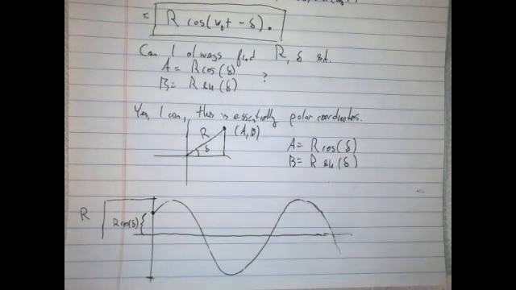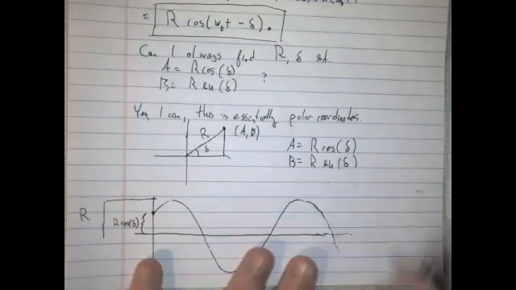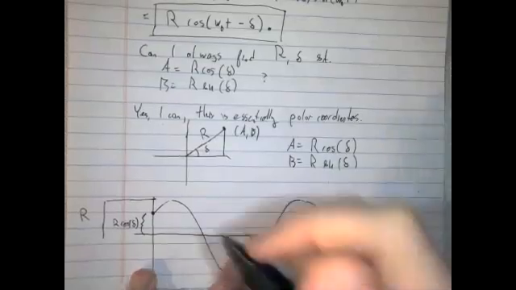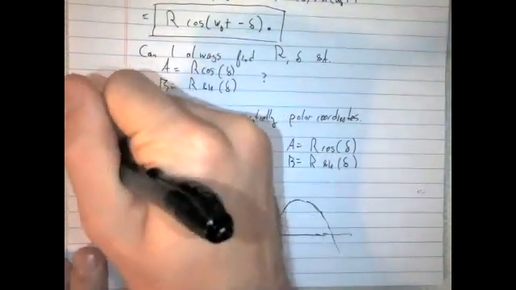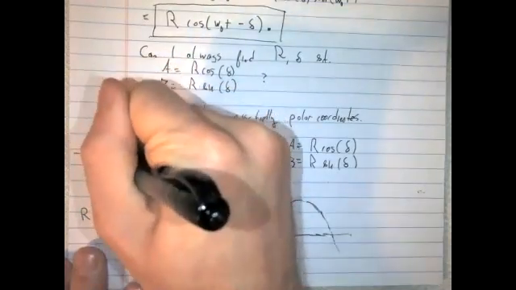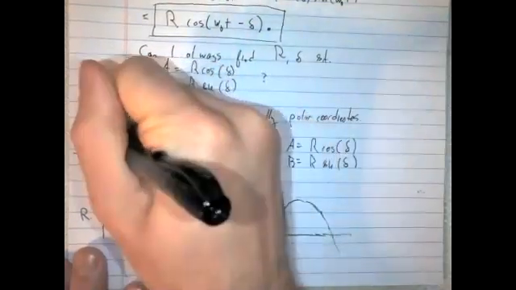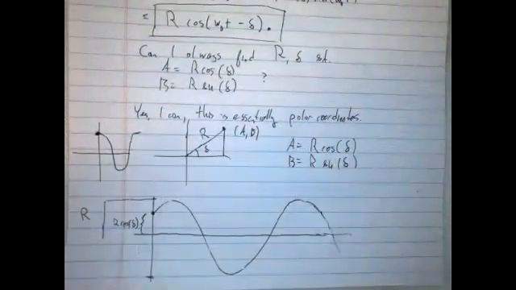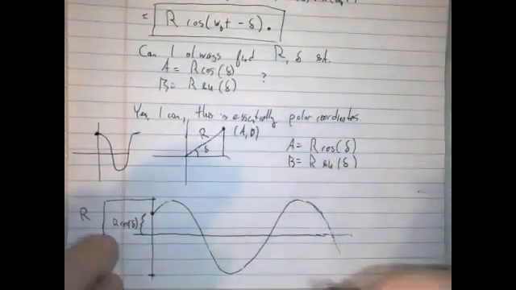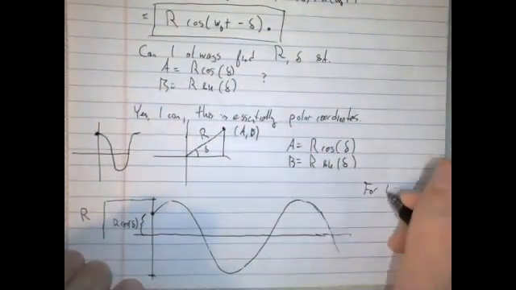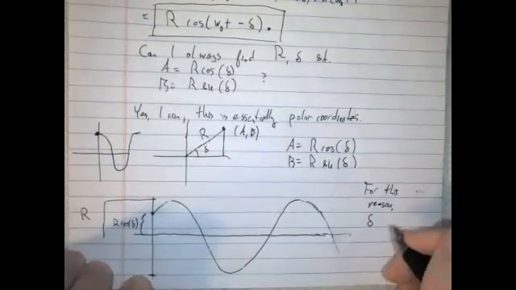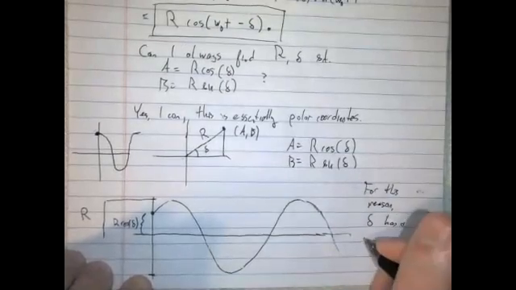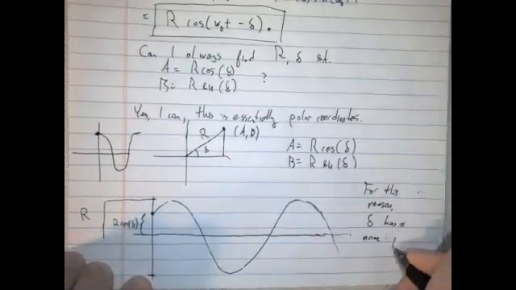Starts off at r. Yeah, if delta is equal to 0, then this is just a scaled cosine function, something like this, where you start off at the top of the cosine function. So for this reason, delta has a name, and this name is the phase.